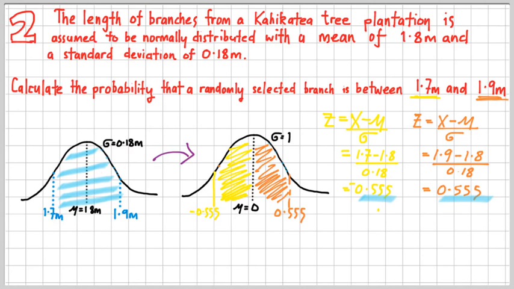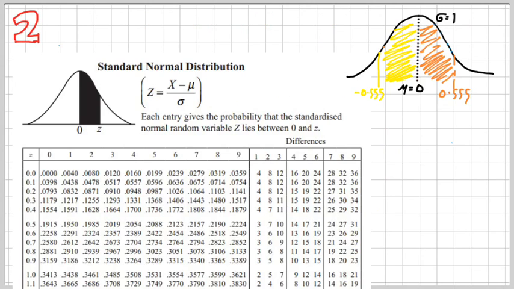Let me just write that down for you. So we're going to look up 0.555 in our standard normal distribution table. There we go, there's our table again, there's my diagram on the top right. Now let's go straight into the crux of this. 0.555. There we go.